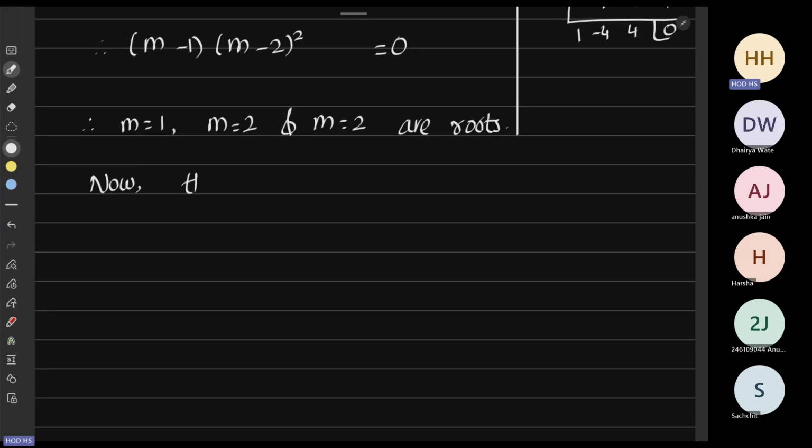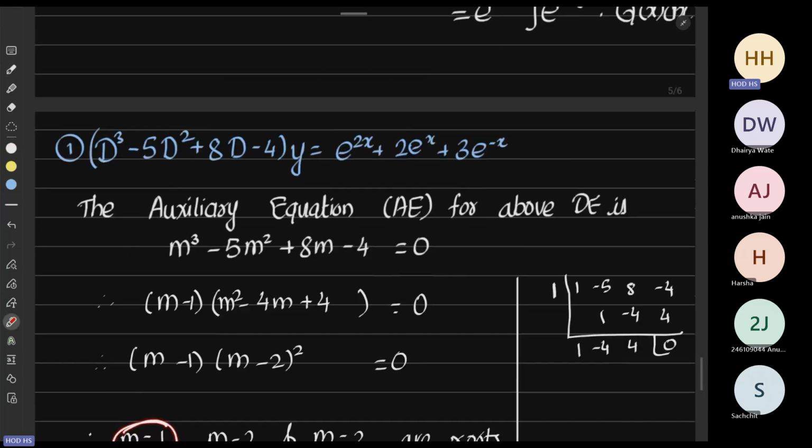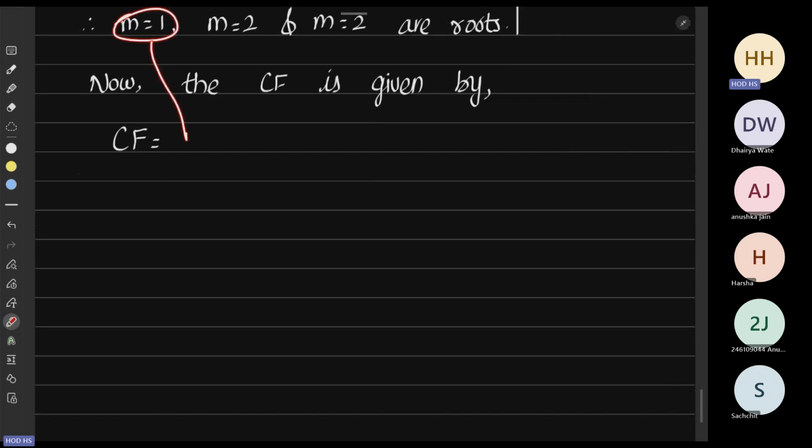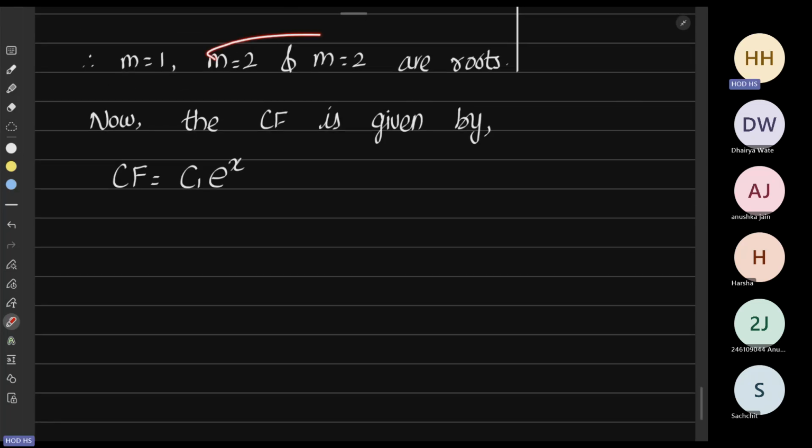Now CF is given by, write down all the solution components for these roots. For m equal to 1, we have C1 e to the power m1 x, so we will have C1 e to the power x. Notice that 2 is a repeated root, repeated two times.